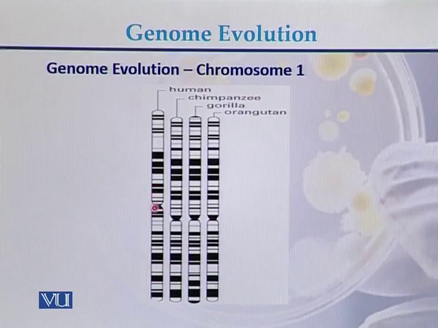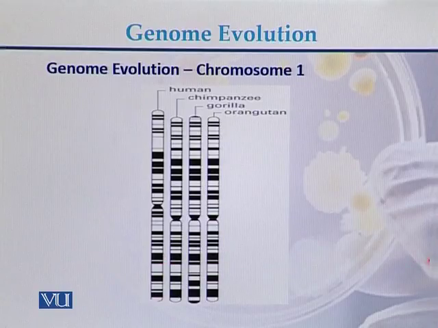Same is here towards the centromere, where we can see the chromosomes are similar with each other. And also on the Q arm, we can see that these 3 are close to each other. We can also see these 4 bands are similar, and also these 4 bands are similar.